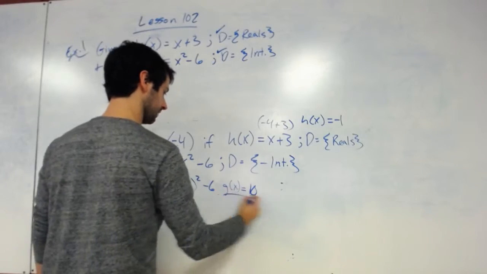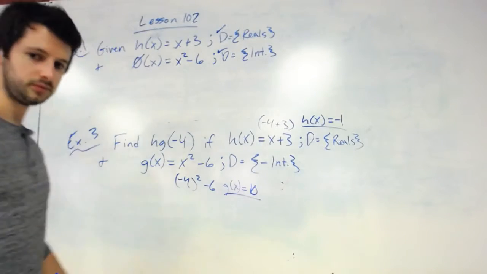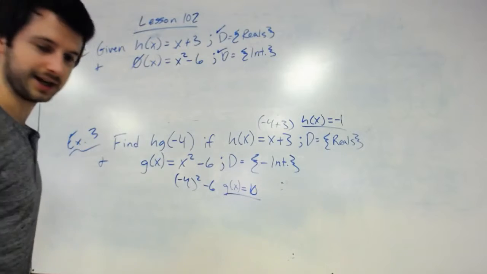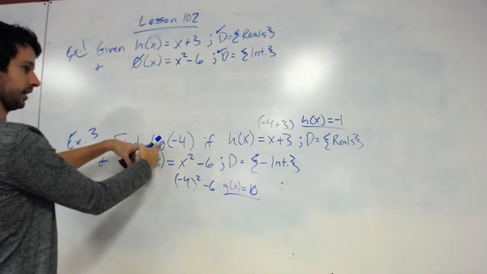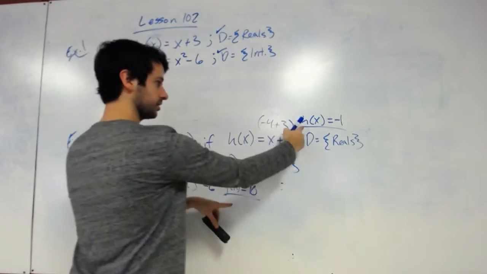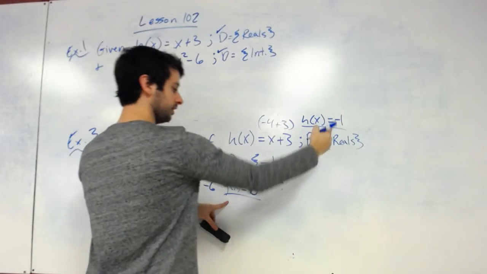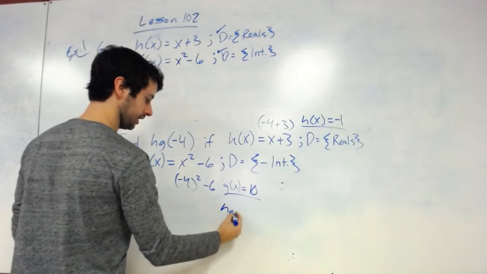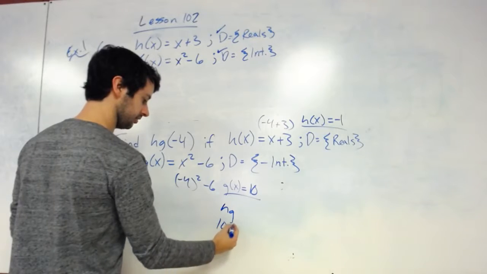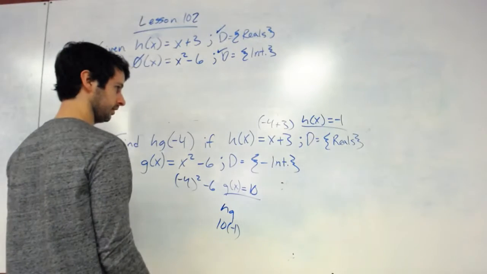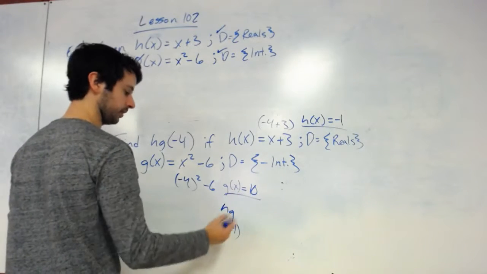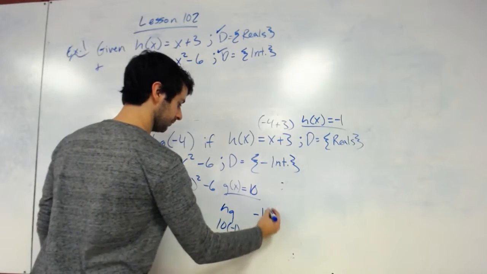So we would have those two, and then we would multiply, because we are multiplying our h and g. All right, h is negative 1, g is 10, so we would multiply h and g, 10 times negative 1, and we would get negative 10 as our answer.